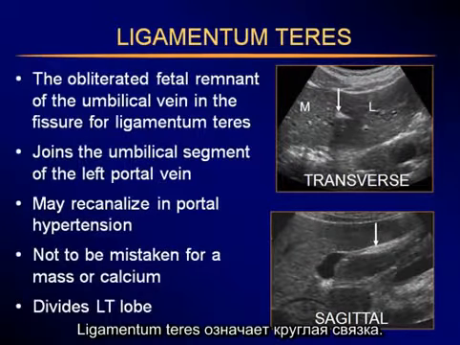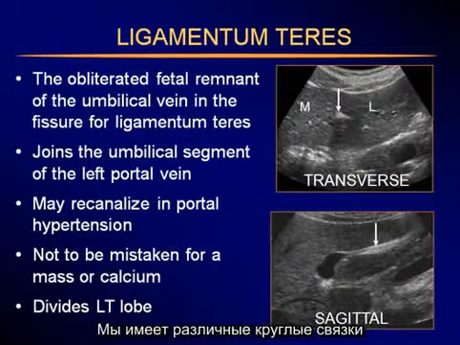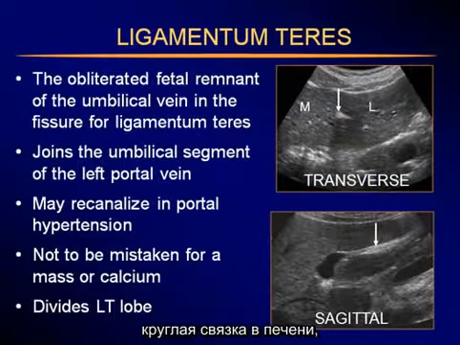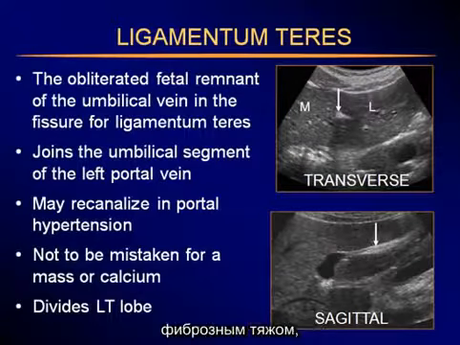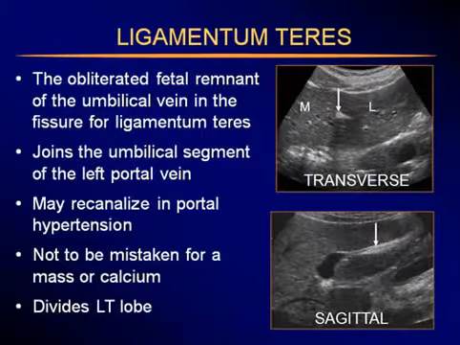Ligamentum teres means round ligament. We have different round ligaments in our body, but this is the round ligament in the liver, which is the obliterated fetal remnant of the umbilical vein. So the fetal umbilical vein, once the fetus is born, there's no need for that vein, so the vein clamps down and becomes almost like a thick fibrous kind of cord located within a fissure, within the fissure for ligamentum teres.